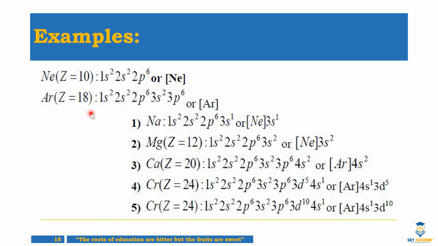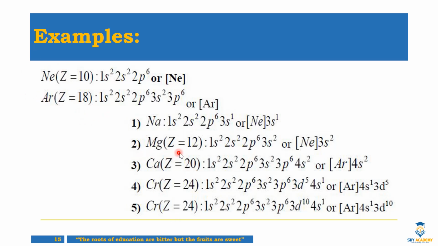For those atoms or elements which fall in argon, meaning argon has 18 electrons, those atoms which have more than 18 electrons but below 28 need to fall in this argon.